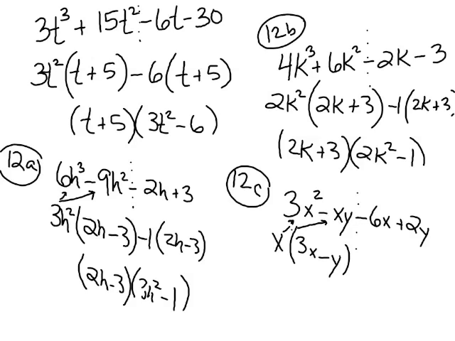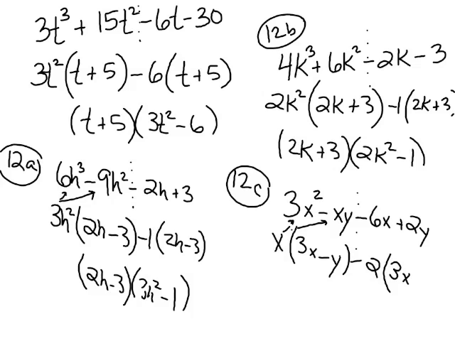How about on this side? I want to end up with a 3x minus a y inside the brackets. What should I pull out? A 2. Negative 2. I need my 3 to be a positive. So if I pull out the negative 2, 3x plus how do I go from negative 2 to 2y?